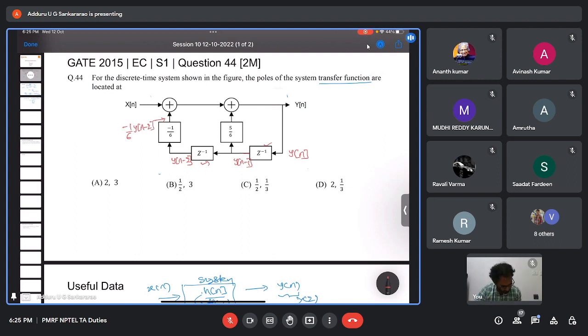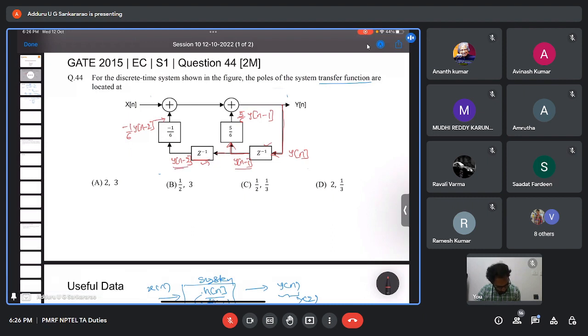Similarly, this y of n minus 1 is given as input to the 5 by 6 block, so its output is 5 by 6 into y of n minus 1. So y of n first passes through this delay unit z inverse and we get y of n minus 1. Again passing through another delay unit, we get y of n minus 2.